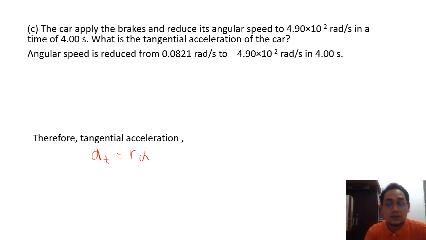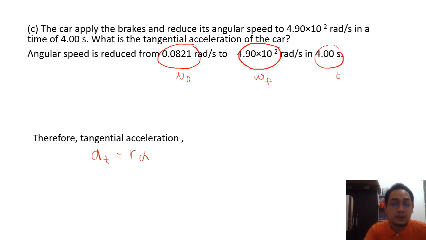So let's refer to the information given. Here you have been given the value of omega naught, and here is the final angular velocity, which is omega f. And here is the value of time. So we can use the formula omega = omega naught + alpha t.